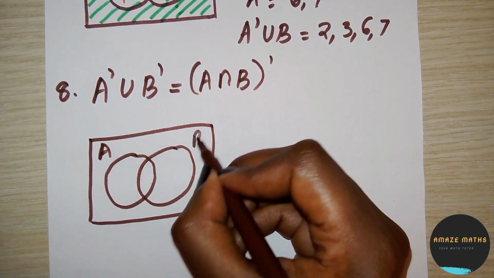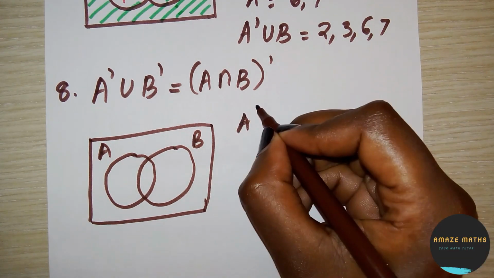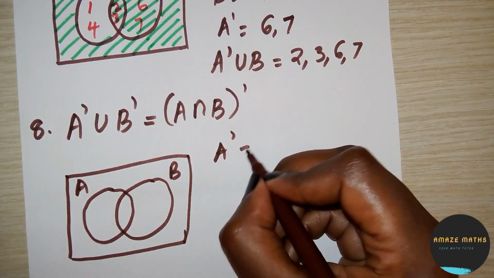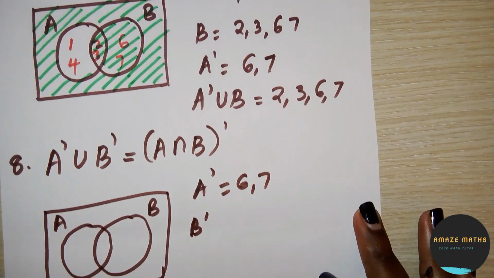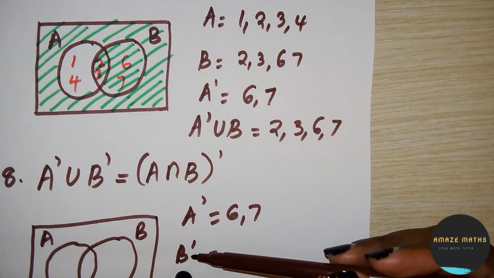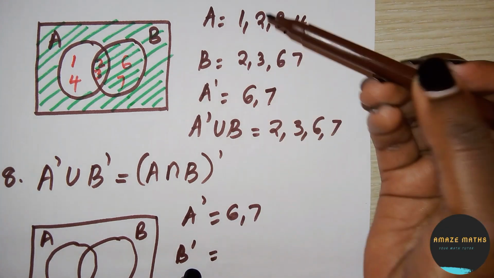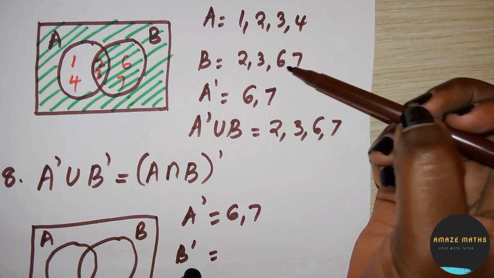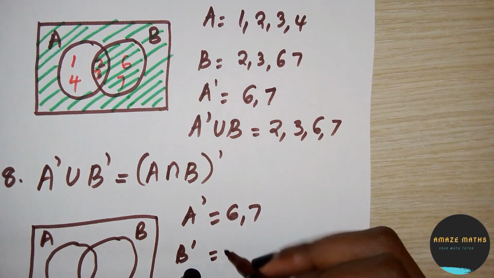A and B. So we're seeing that one was 6 and 7. Complement of B, that is the members that are not in B, that are outside of B. Since we have 2, 3, 6, and 7 as B, outside of that we have 1 and 4.